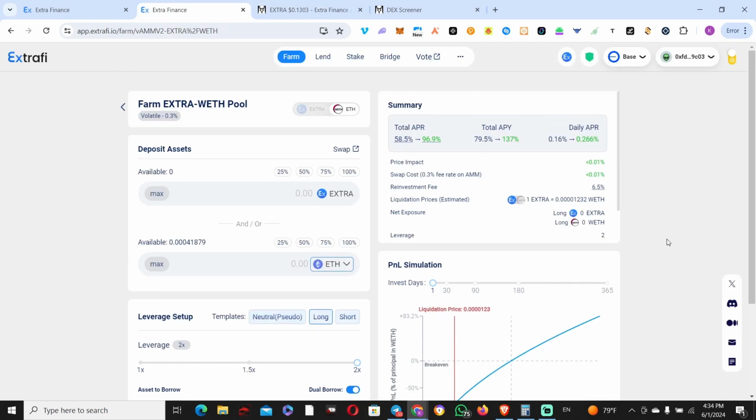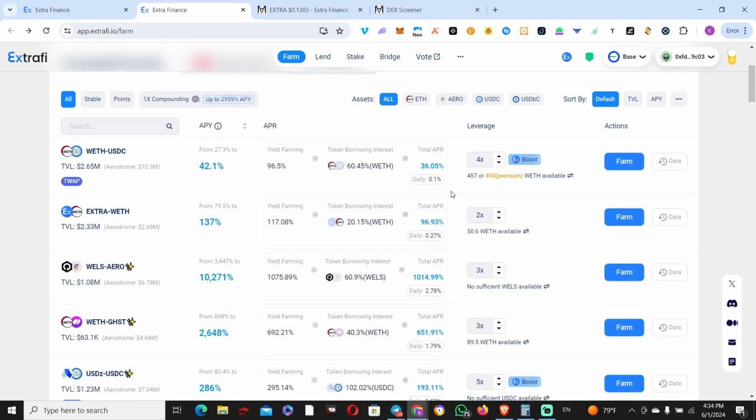This is the farming side of things, and I basically advise you to do research on these pairs, to understand how these pairs move, look at the relative valuation. And that's actually something that you should do if we're looking at stable pairs where you have stable derivatives that you don't know where this USDX comes from, EUSD, USDX, whatever.